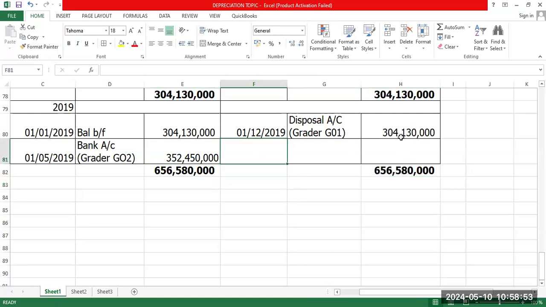So it means that this side is not balancing. We have to get the balancing figure. And we are balancing off on which date? The last date of the year, 31st December 2019. The balancing figure is called what? Balance carried down. The difference between this and this.